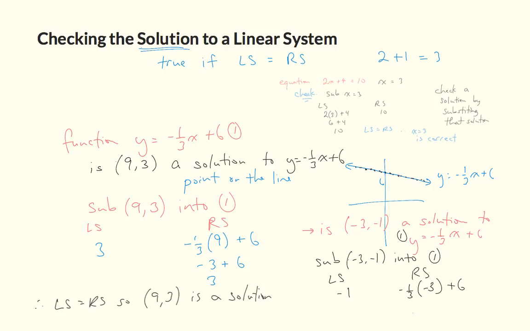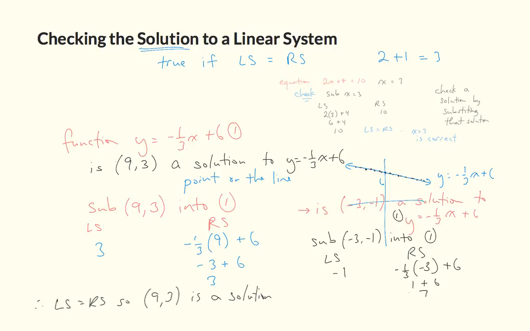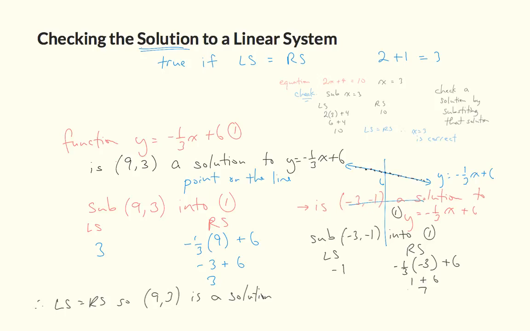I substitute in the x value, negative 3, into the right side, and when I simplify it, I get that the right side works out to 7. And therefore I find that the left side does not equal the right side, and therefore (-3, -1) is not a solution.